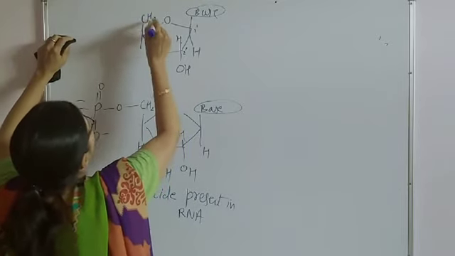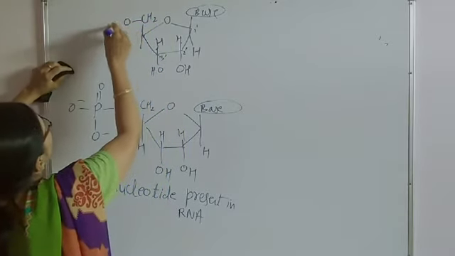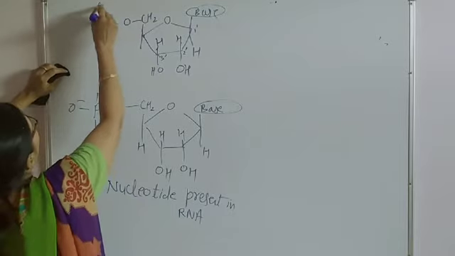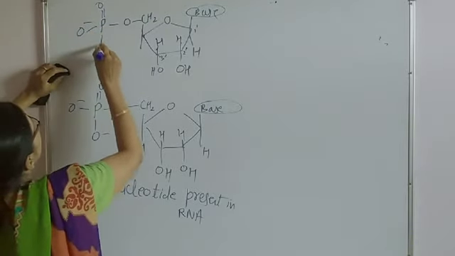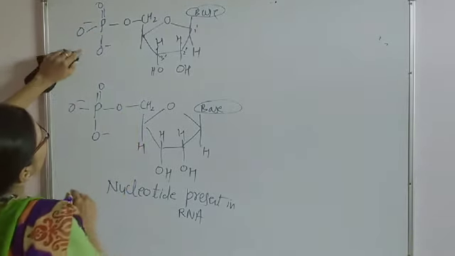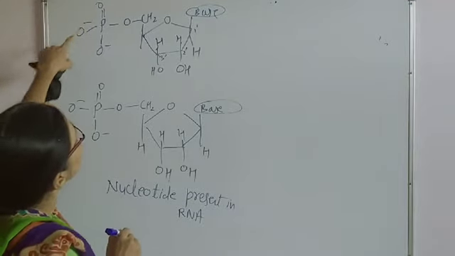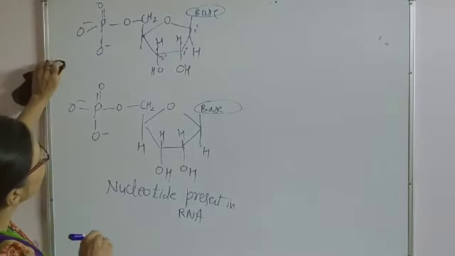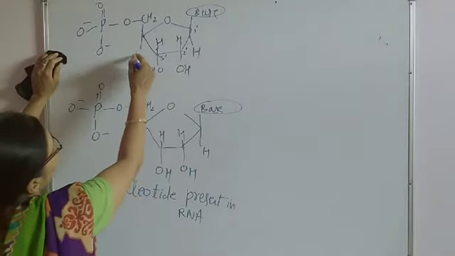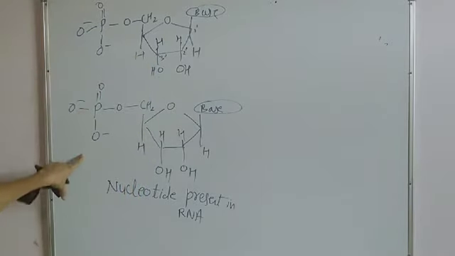Here again nucleotide I am drawing. It means phosphate unit I will draw. Okay, this one is O minus charge, O minus charge. So what will happen when these two are attached?